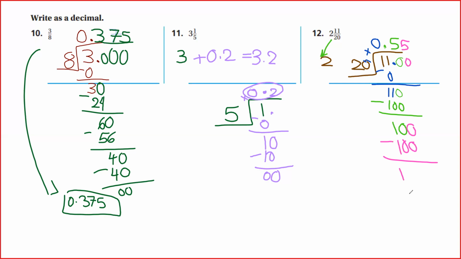And what's the remainder now? 0. Thank you. So now 2 and 11 over 20 is 2 and what? 2.55. Thank you.